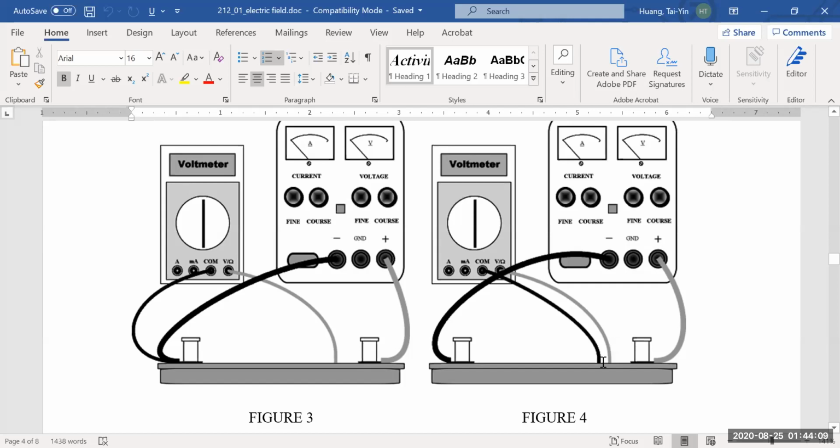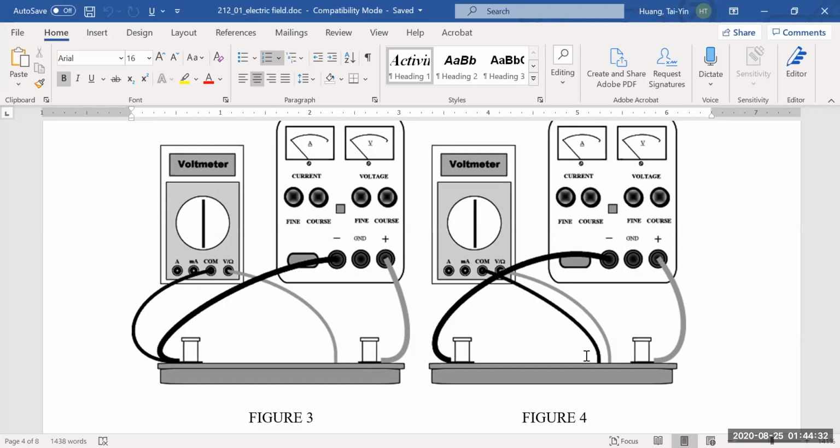So you're going to use this as a center, and then use this positive end to trace out this circle to see at what point it gives you the greatest change, or the greatest reading on the voltmeter, and that point will then be the new circle and a new reference point.